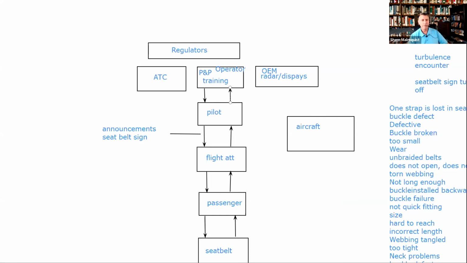And then we have another aspect here, and this is definitely affecting the pilots, which is ATC. So take a look at ATC, and why might they not have exercised the control in this case?